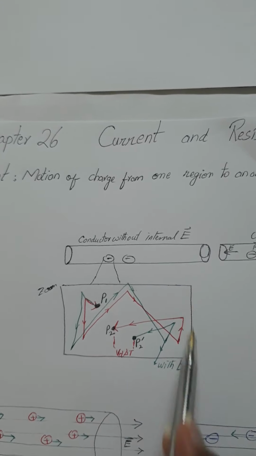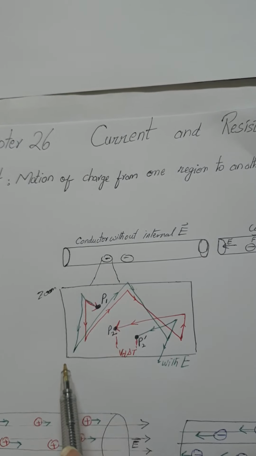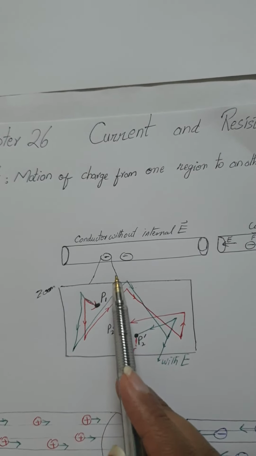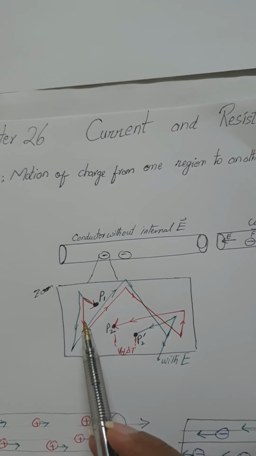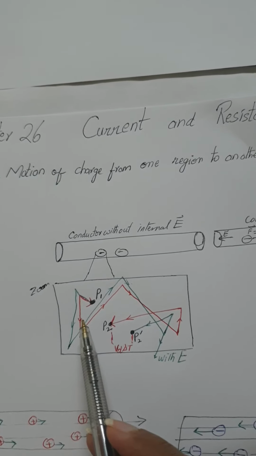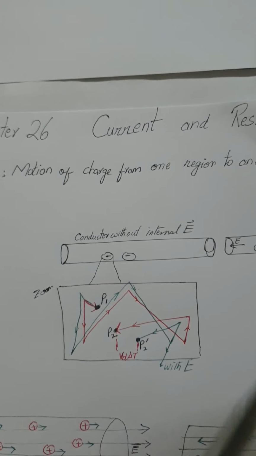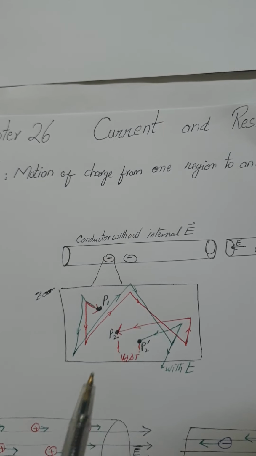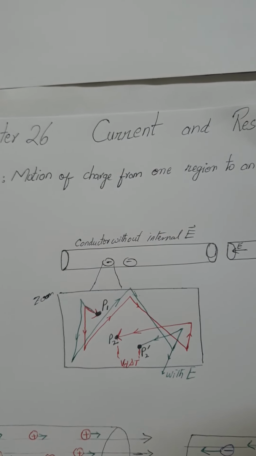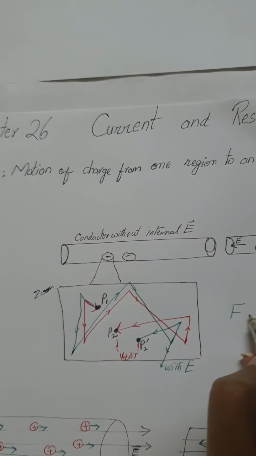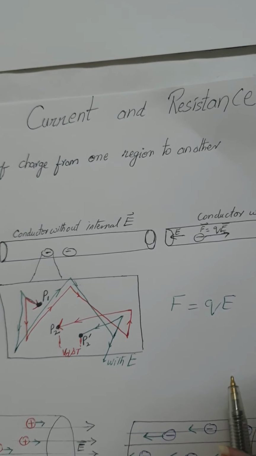This is the zoomed figure of this charge movement in the conductor. When we apply an electric field in the conductor, a charged particle is subjected to a steady force, F equals QE. Because we apply a steady electric field, the force would be steady.